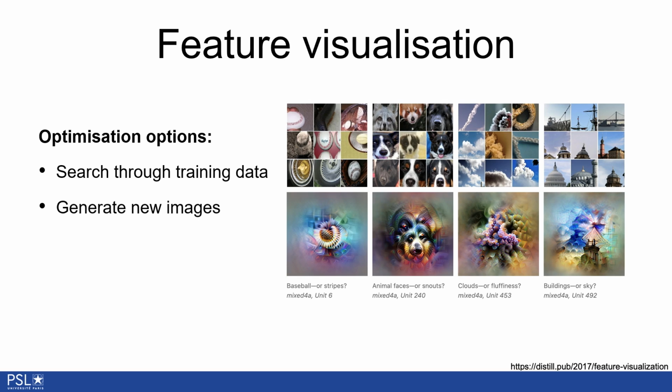Comparing the results, a potential advantage of this second method is that it extracts more abstract features that are shared by different images in the dataset. For example, for the second neuron from the left, looking at examples from the training data, it is not clear whether the preferred input of this neuron are animal faces or snouts.